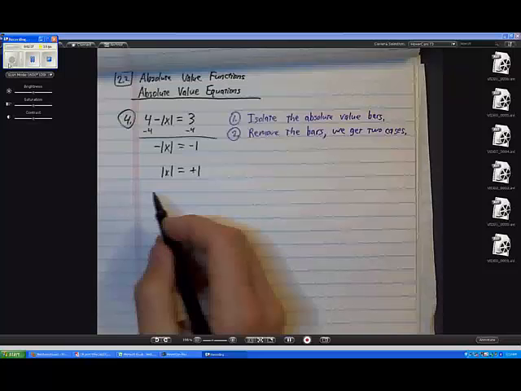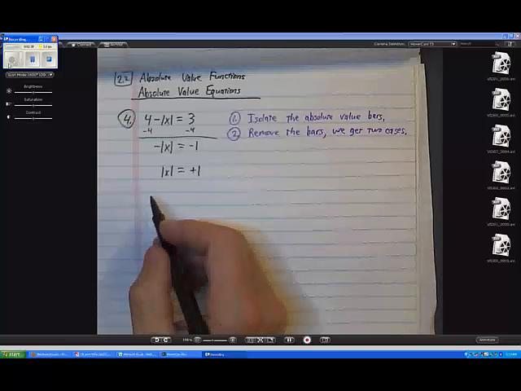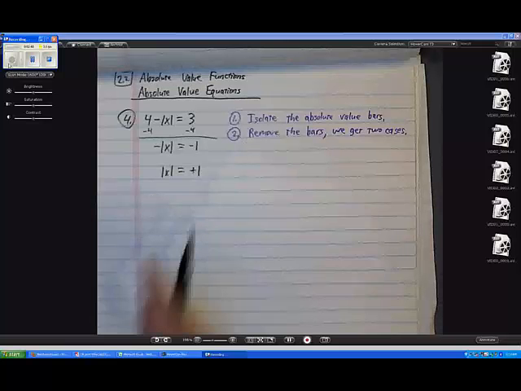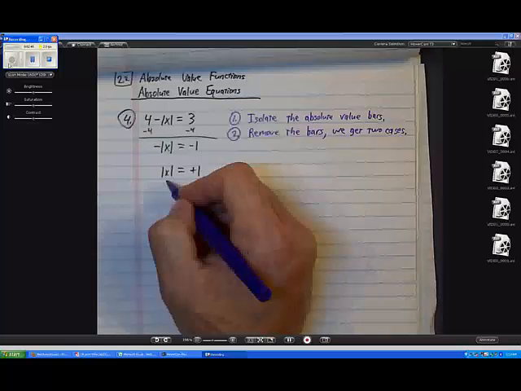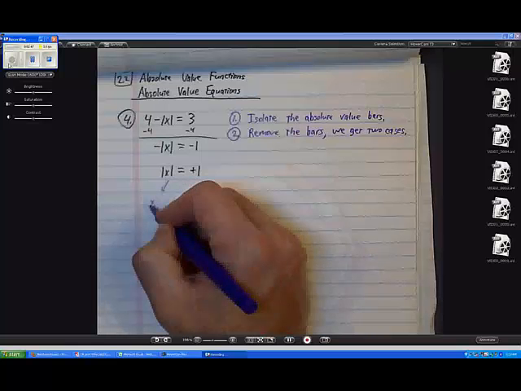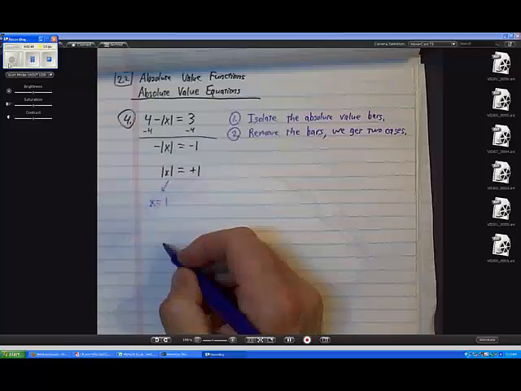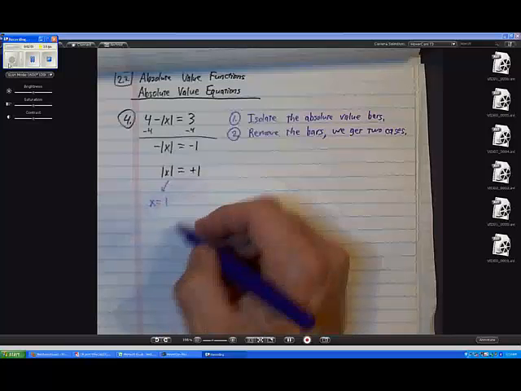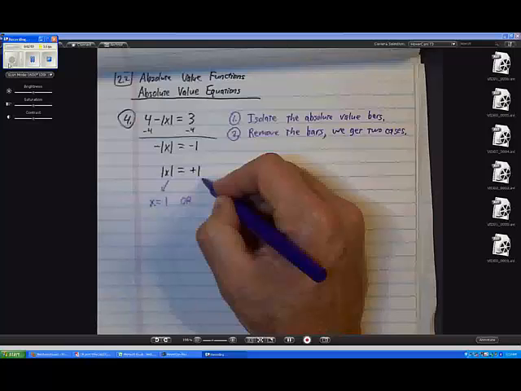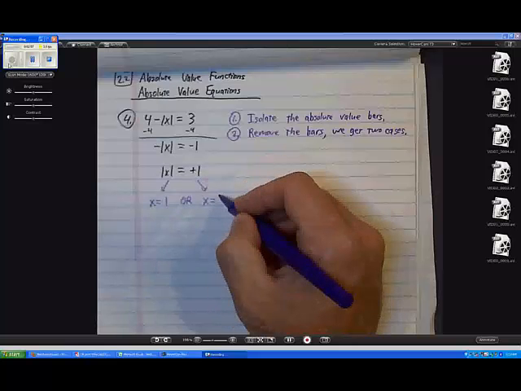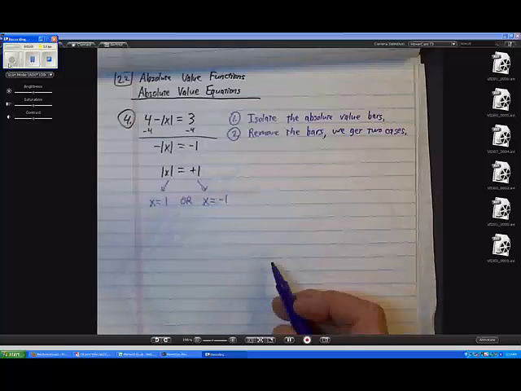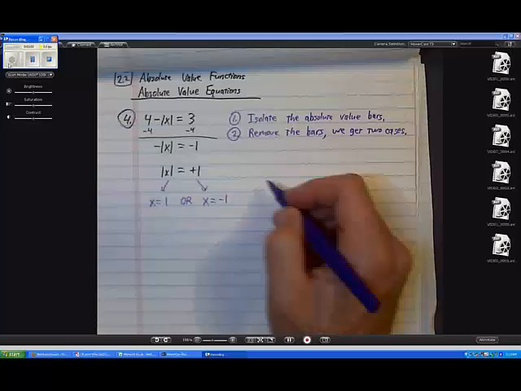And so now I'm on step 2. I'm going to remove the bars, and we get 2 cases. Well, what are the 2 cases? Either x must be +1, and you get that just by removing the bars, or what's the other possible case? X equals -1. And when I talked about graphing the solution, I really like to do that with absolute value problems because I think you learn a lot.